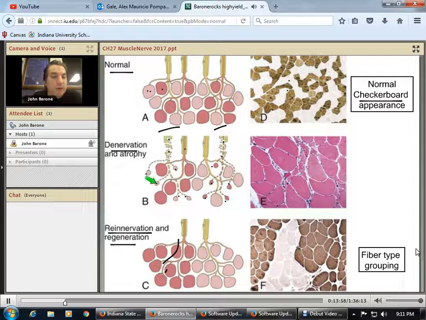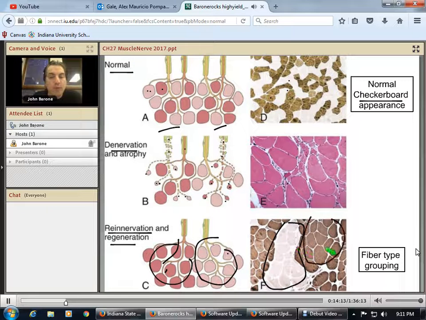When they do, these fibers are going to change from their type 1 to their type 2, and vice versa, type 2 to type 1. So they're going to have what's called fiber grouping. So if you look at this picture, notice the way you have a big group of fibers here that are all the same color, a group here that are all the same color, a group here, you've lost that checkerboard appearance.